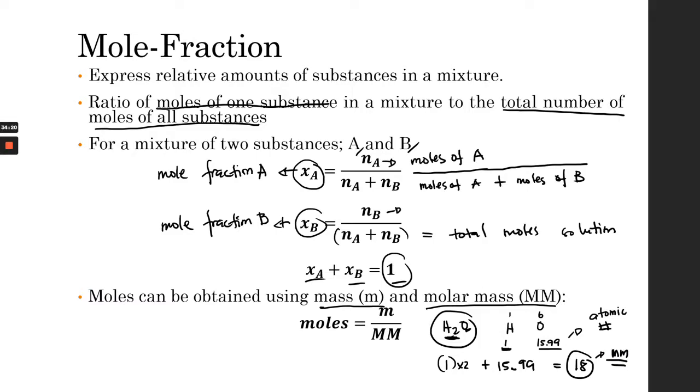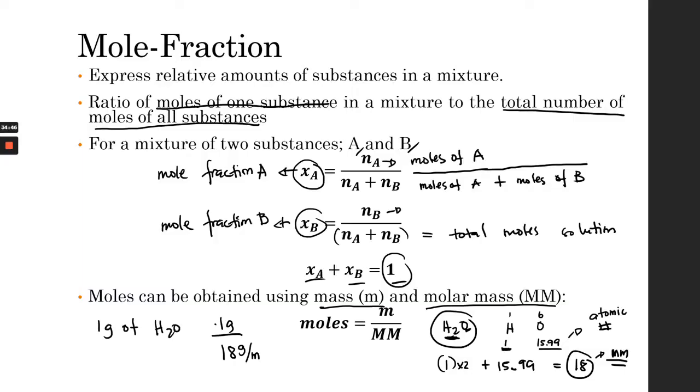So for example, I have 1 gram of H2O. How many moles is that? What I need to do is basically divide 1 gram by 18. This 18 is actually grams per mole.